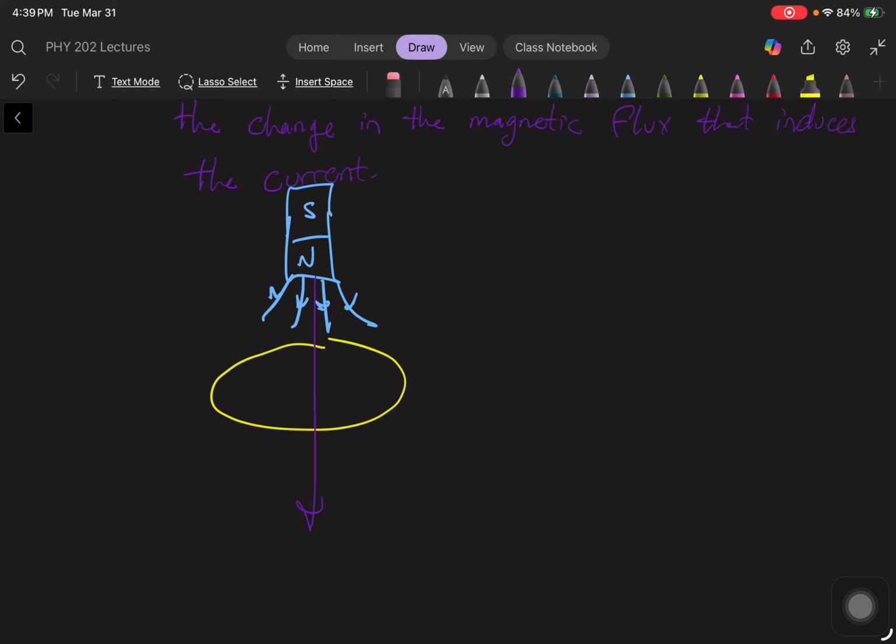And what we get is that the generated magnetic field is going to try to oppose the change in flux. And so we have an increasing flux going down through the loop, and so we are going to create a magnetic field that will oppose that.